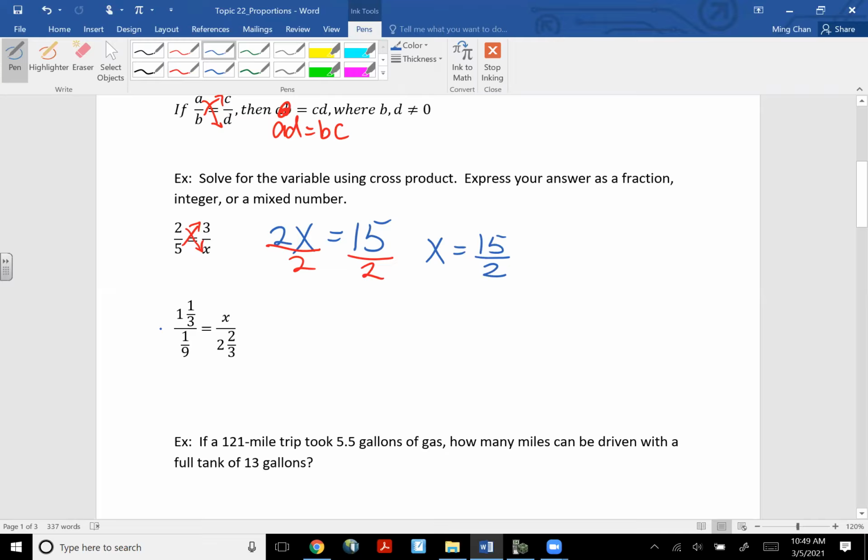Now for this example, I might need to use a calculator to help me, but let me write it out for you first. So again, written in two terms, in fraction form, set equal to each other, I can use cross products.